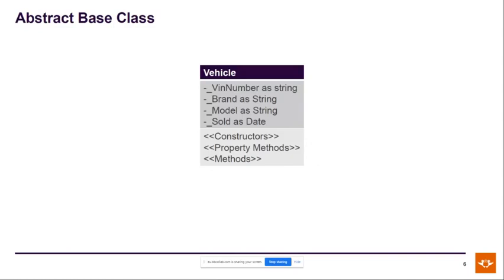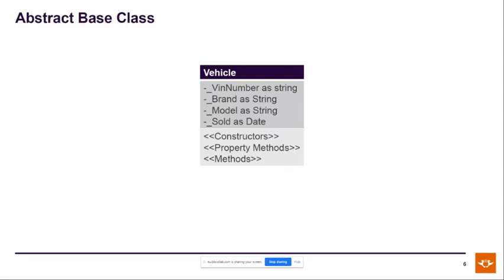So you've got the base class vehicle. You've got your 4 instance variables, and then you've got your constructors, your property methods, and your methods associated with this class. So here's a question for you. Is vehicle just a base class, or is vehicle supposed to be an abstract class?